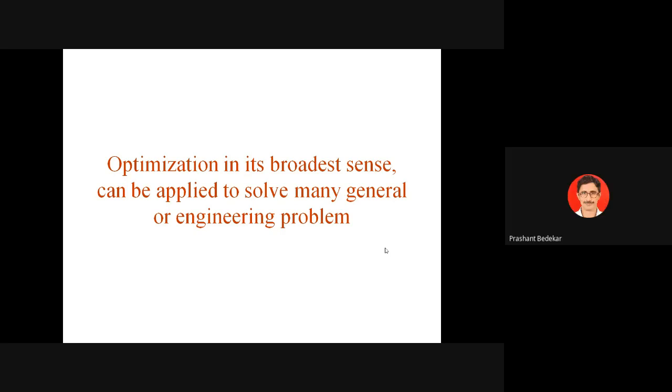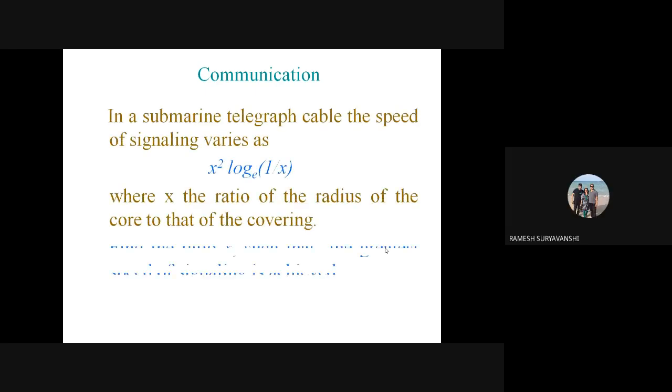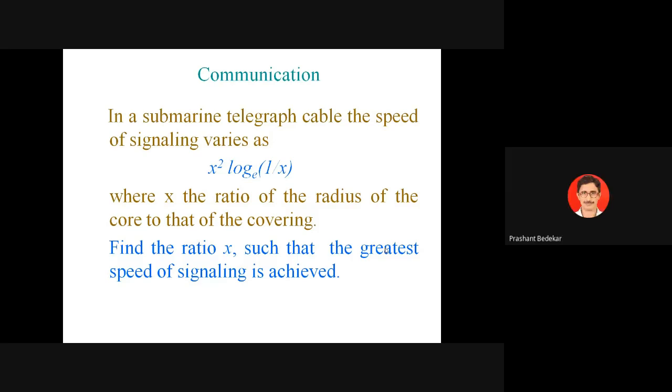Okay, thank you. I'll just continue for a few minutes more. I'll try to take some examples from different fields of electrical engineering. Say from the field of communication, we have just now seen this example. This is an example of optimization in the field of communication. We will not read the problem entirely.